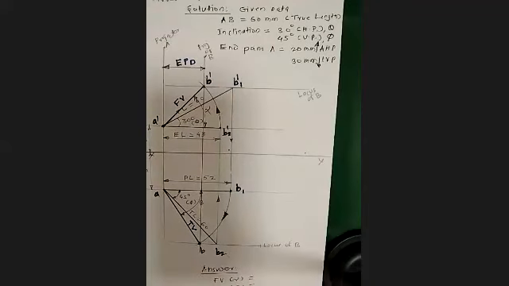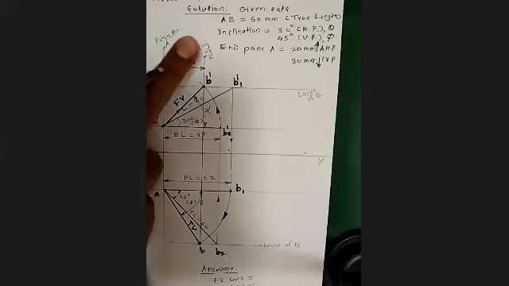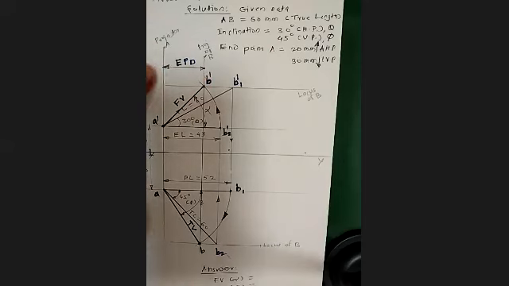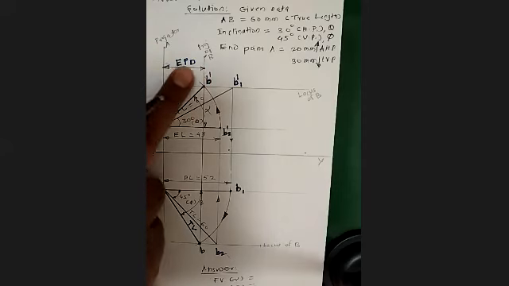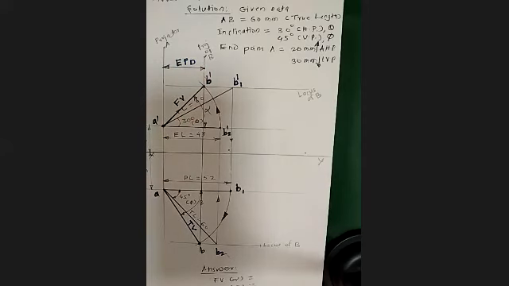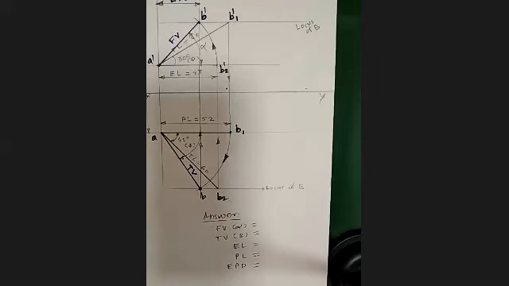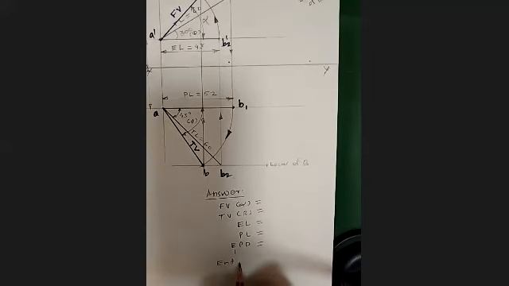EPD is nothing but the distance between projector A and projector B. The distance between two projectors is nothing but the end projector distance. Even in the given data, the final answer you will come to is this EPD, the end projector distance.